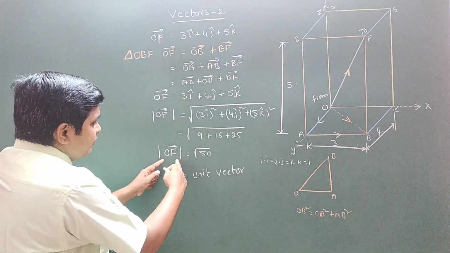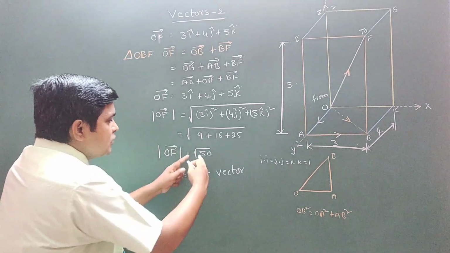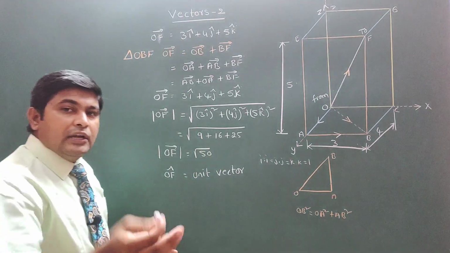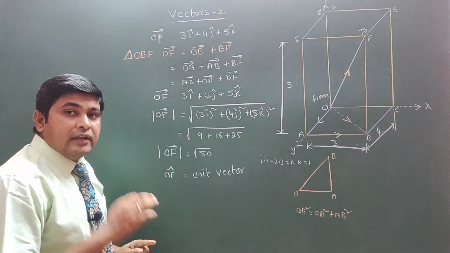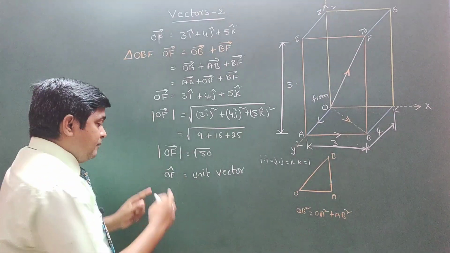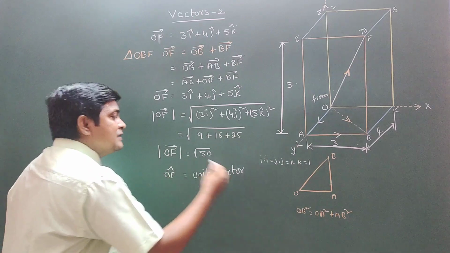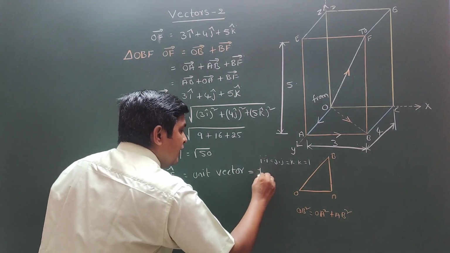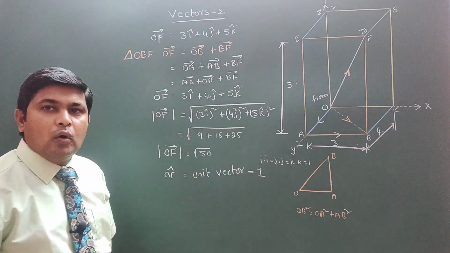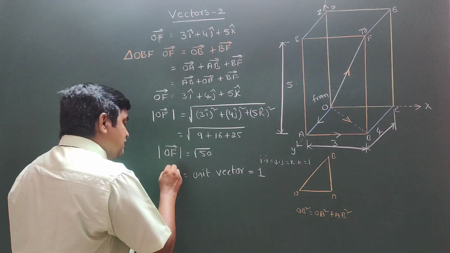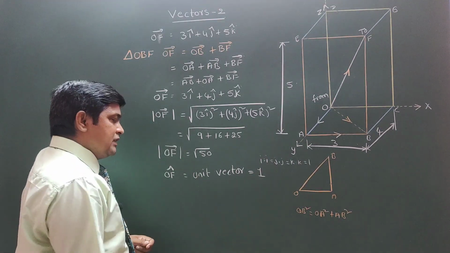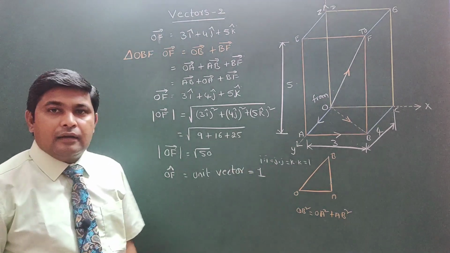Here the OF modulus we got is square root of 50. But OF cap means its magnitude is going to be only 1. So that is why we call this cap representation a unit vector.